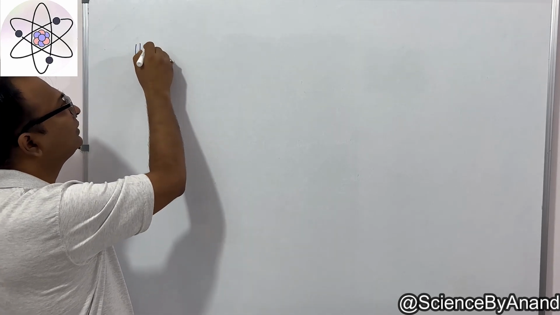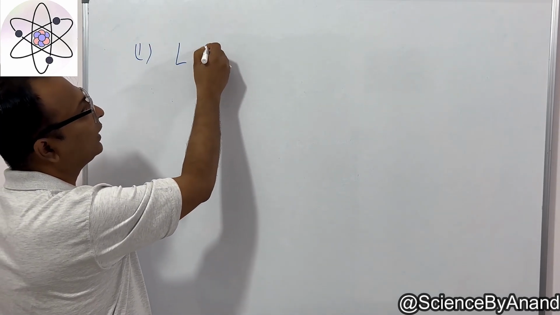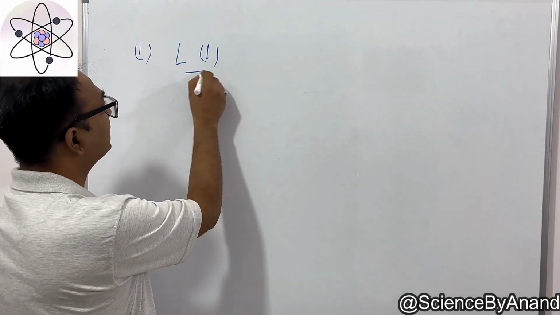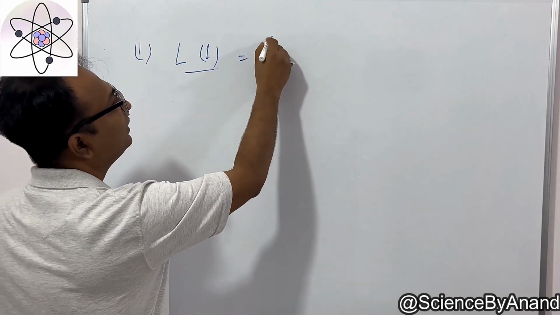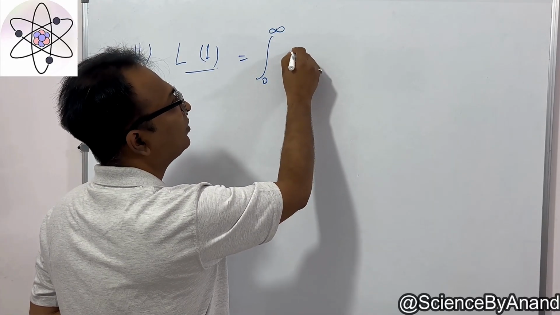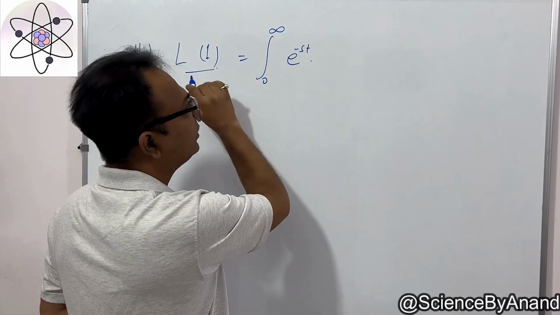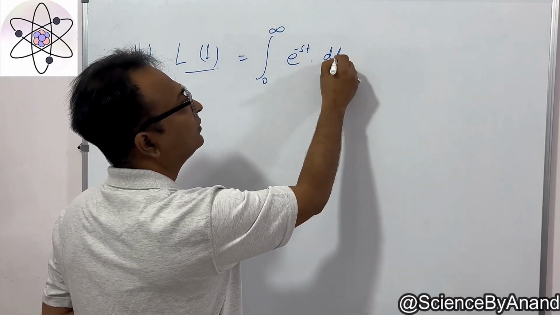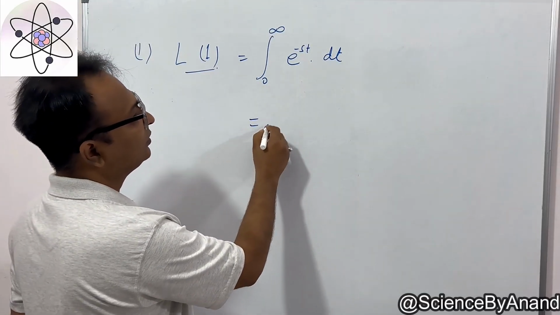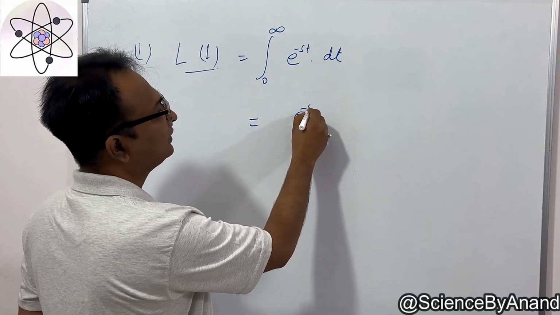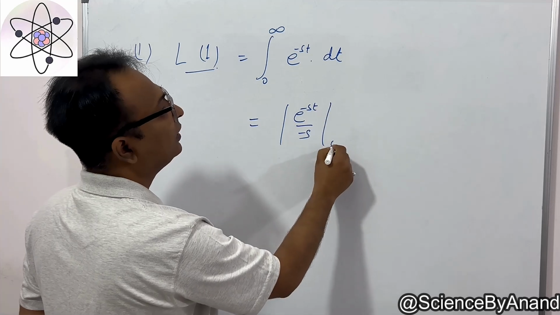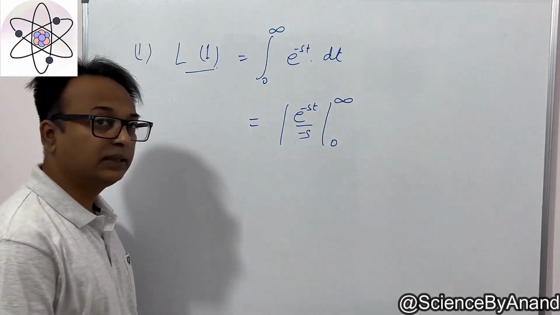The very first is Laplace transform of 1. Let's see what it is. From our definition, it will be 0 to infinity e to the power minus st times the function of t, that is 1, dt. No issues with this? This will be equal to e to the power minus st by minus s, with limits 0 to infinity.